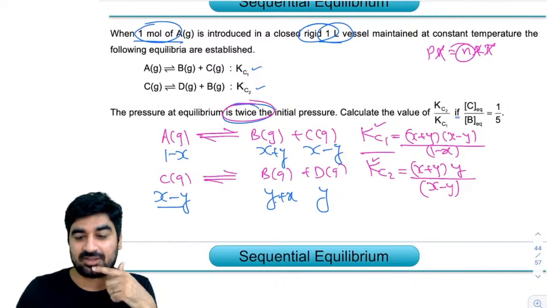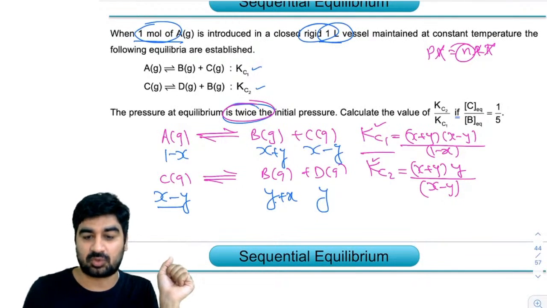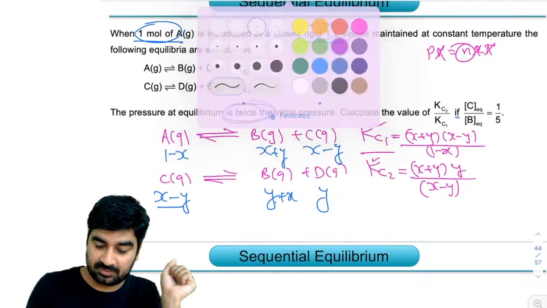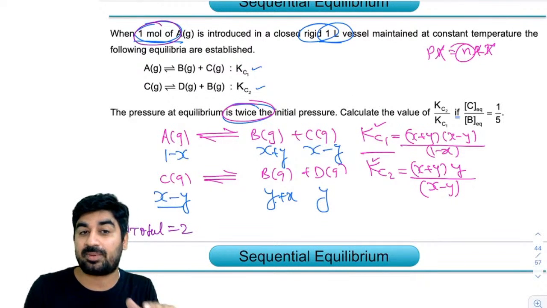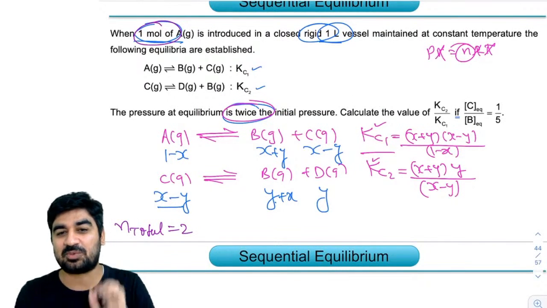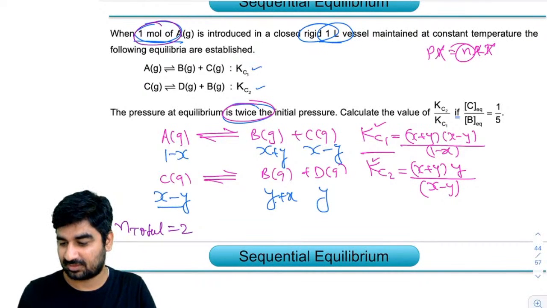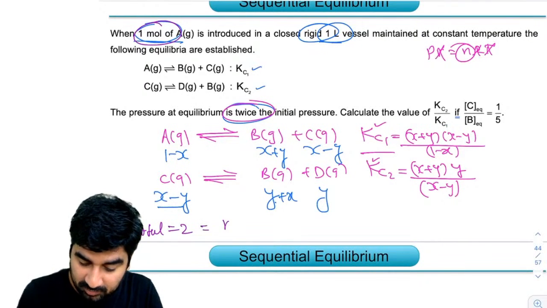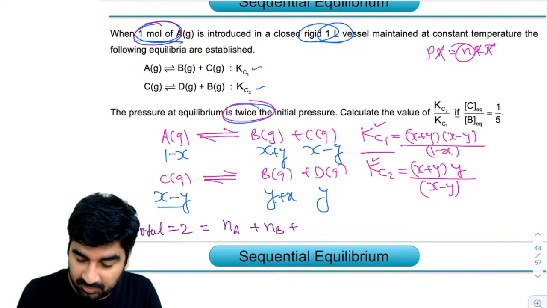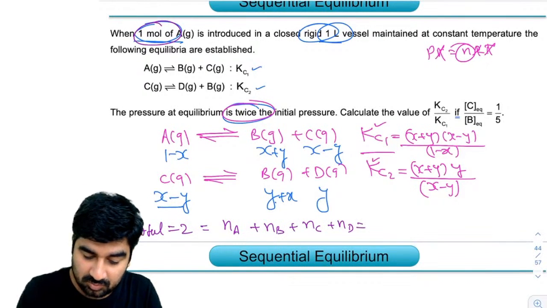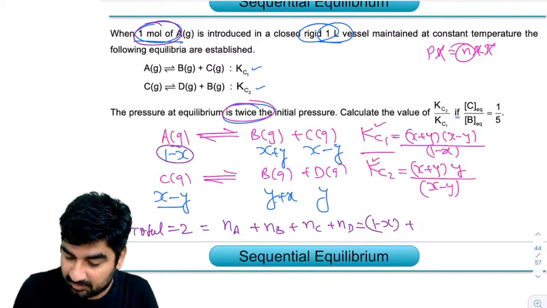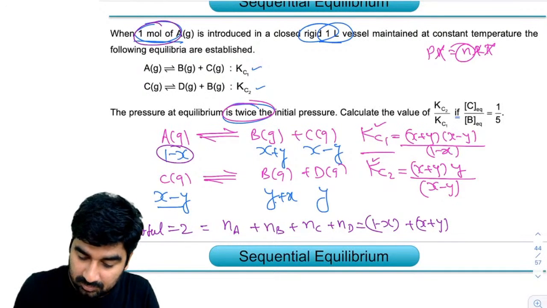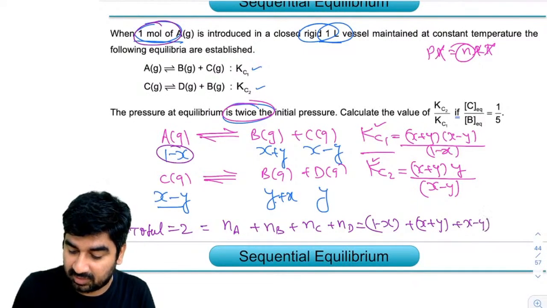So we have x and y. One thing is clear, that total moles are 2, because initially it was 1 mole and now pressure has become twice. So total moles will be equal to moles of A, B, C and D. Mole of A is 1 minus x, mole of B is x plus y, mole of C is x minus y, and mole of D is y.